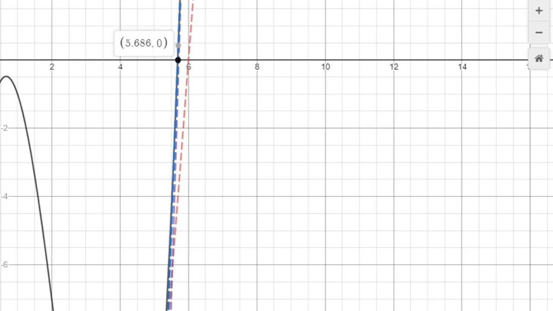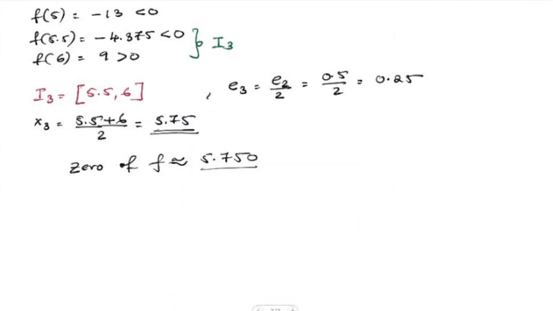If we go to the tab, you see the actual zero is at 5.686. Am I right?